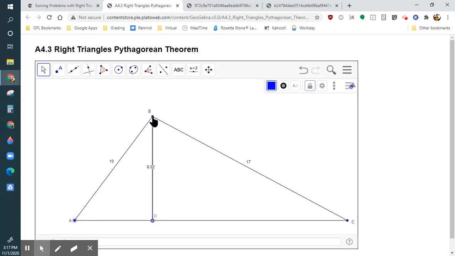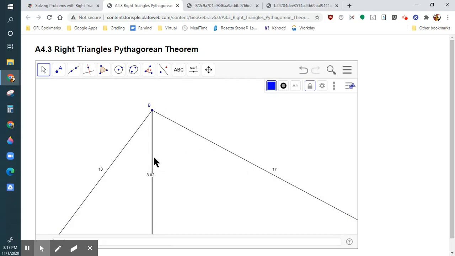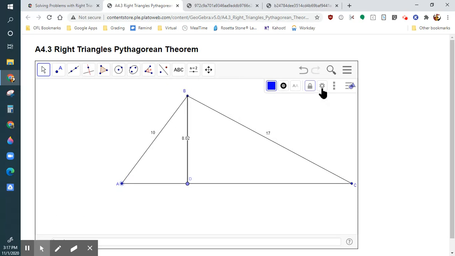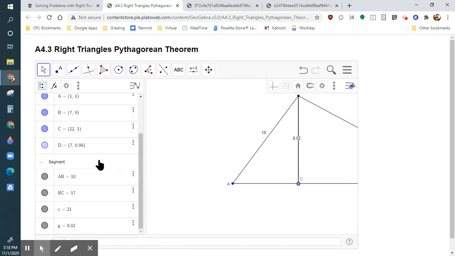I don't know why it's giving me such a hard time right now. That is a point, isn't it? I'm going to go back to algebra to make sure.